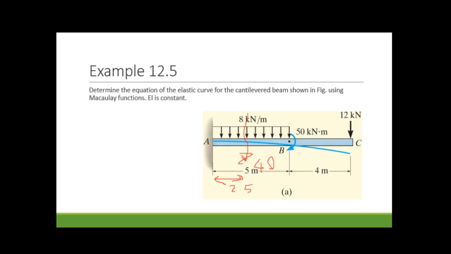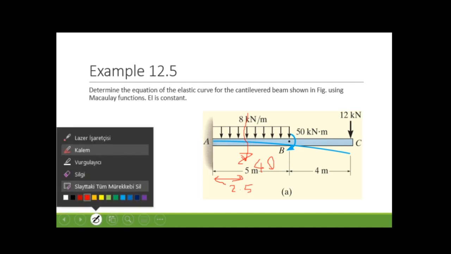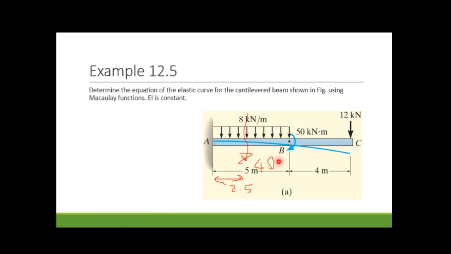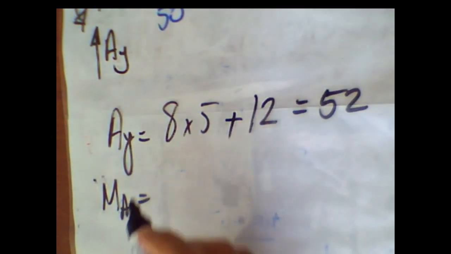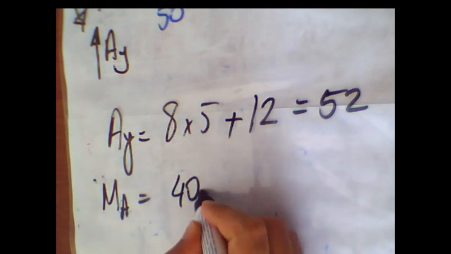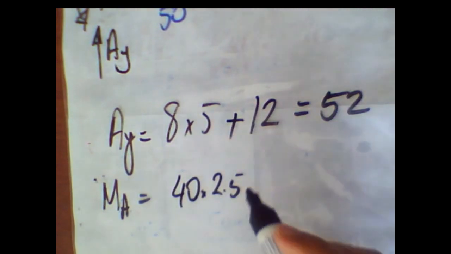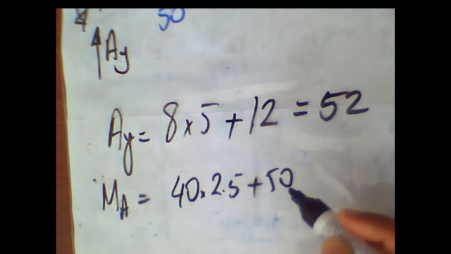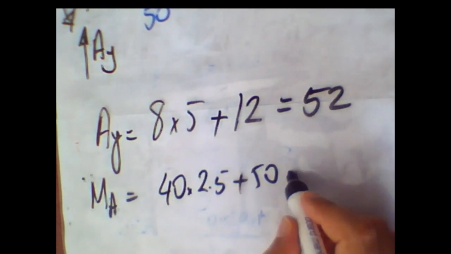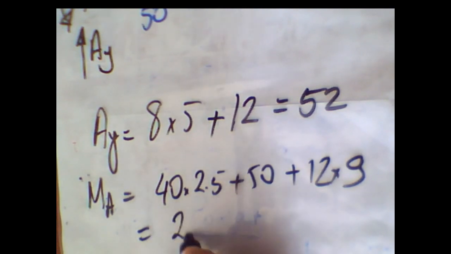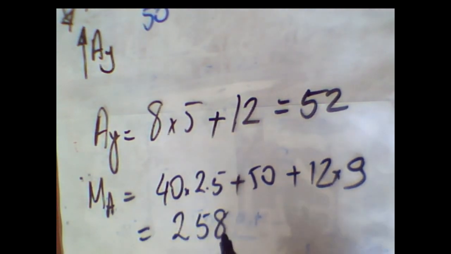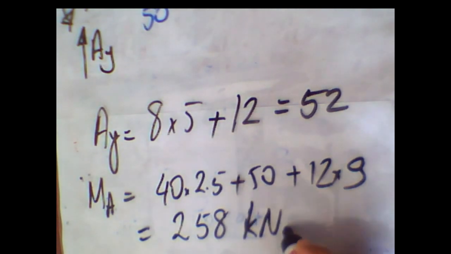Also, this location is 9. If I take moment about A, I can obtain M A equal to 40 times 2.5 plus 50 plus 12 times 9, which is equal to 258 kilonewton meter.